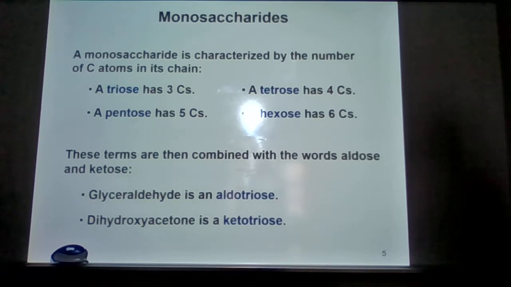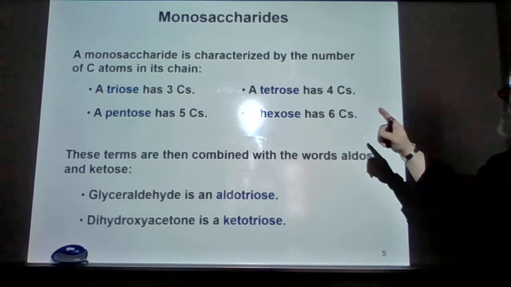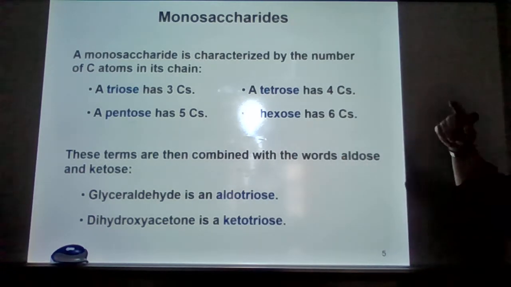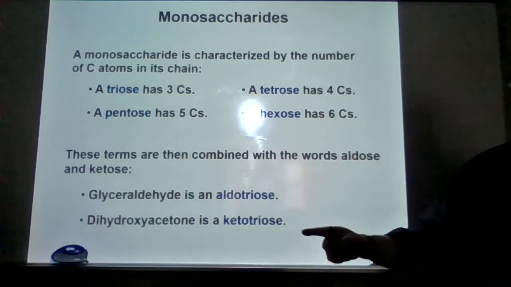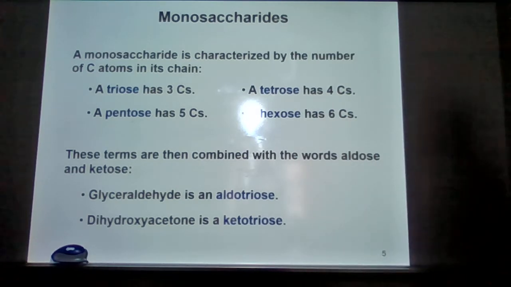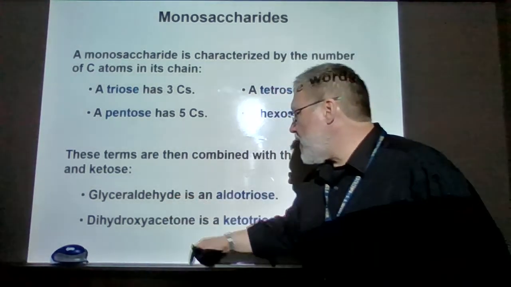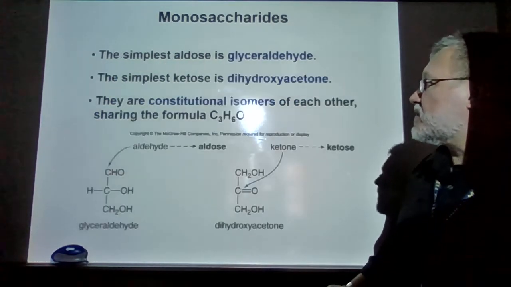We can then combine the triose, tetrose, pentose, and hexose with the aldose and ketose designations to further subclassify monosaccharides. So glyceraldehyde is an aldotriose.